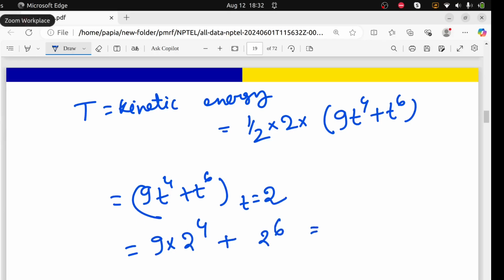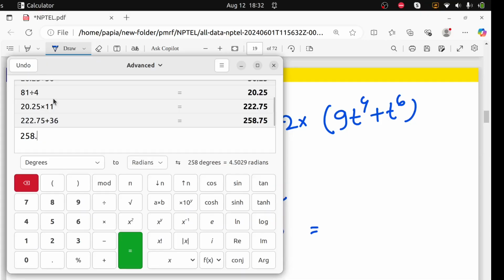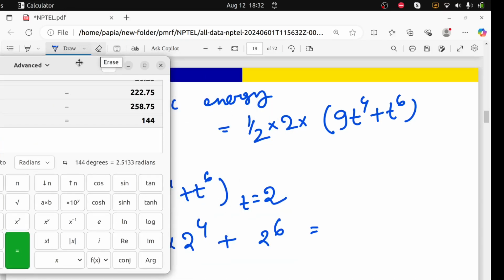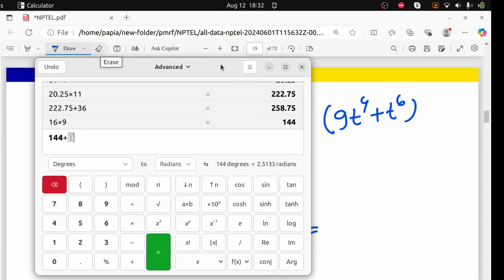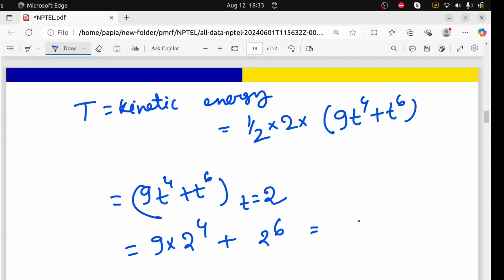So the answer will be 16 into 9 plus 64. So it is 208.